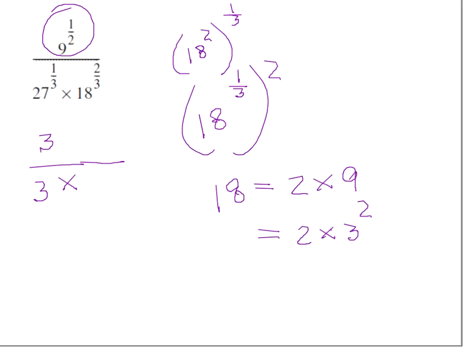Okay. So that's another thing that you can notice. Alright? So we have base 3 there and base 3 there, but this is just 3 times 3, so that just cancels out. So really all we have here is 1 over 18 to the power of 2/3 left. So if we simplify that expression, we'll basically be able to find the answer. Okay?